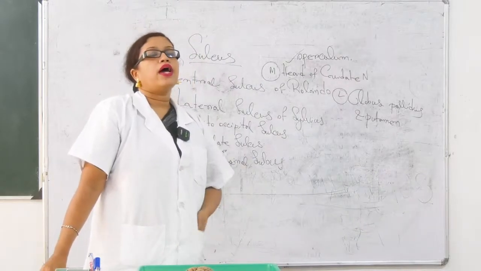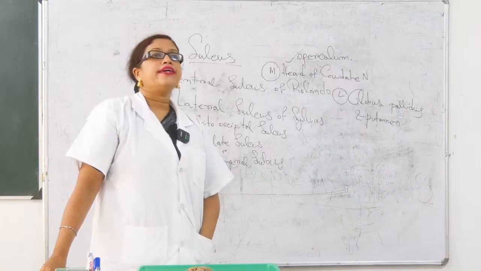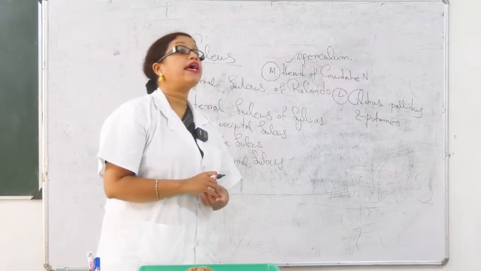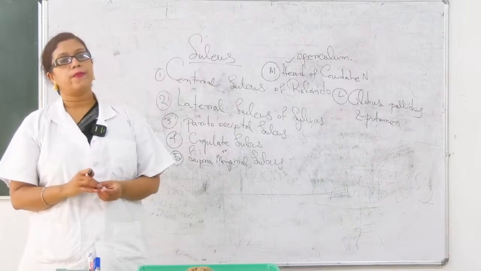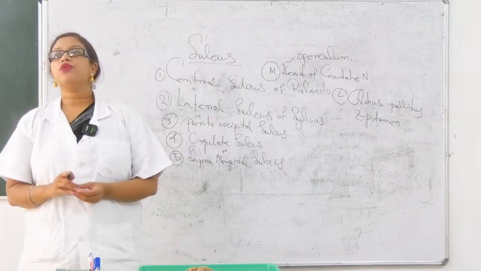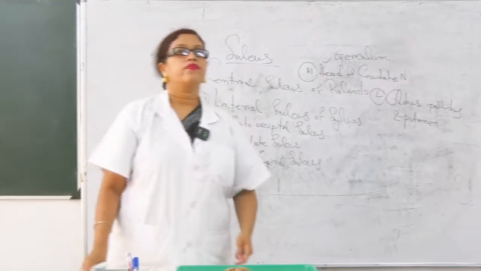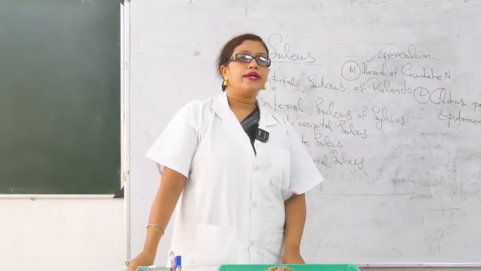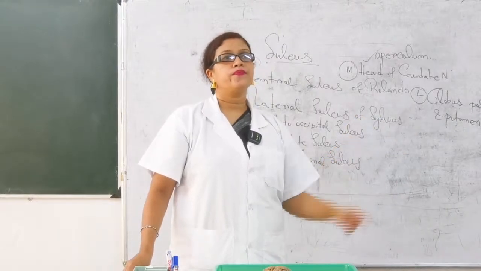Now write it down. Genu is related to the thalamus. Now coming to the posterior limb. Posterior limb of internal capsule, what will the medial relation be?